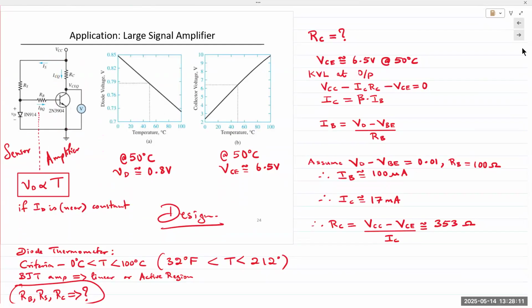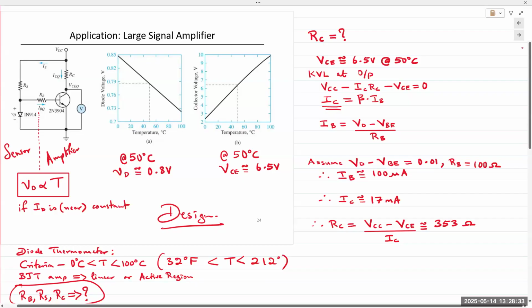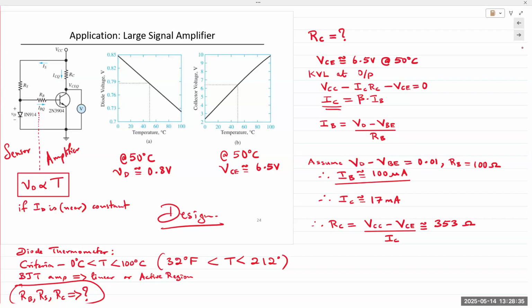We already have a value for IC because we are keeping IB very small. So if we assume that VD minus VBE is kept to 0.01, again, VD is slightly higher than VBE, and RB is 100 ohms, we can keep IB approximately equal to 100 microamps. Very small value.